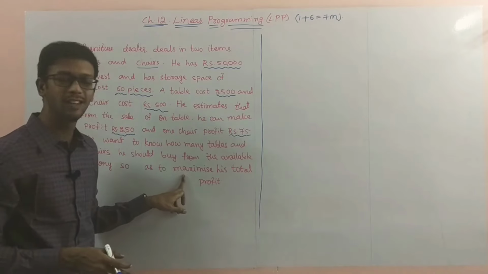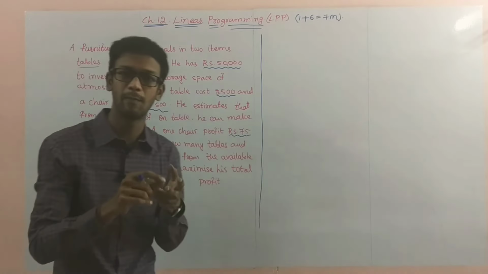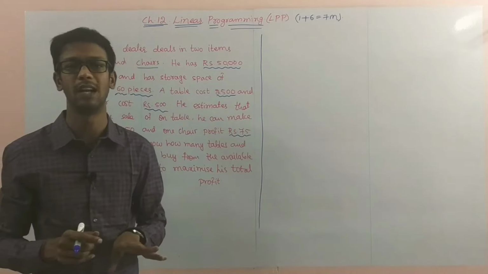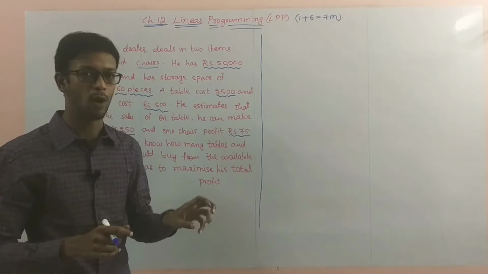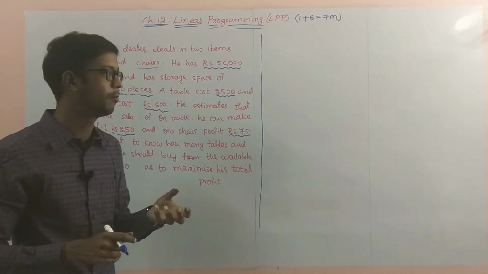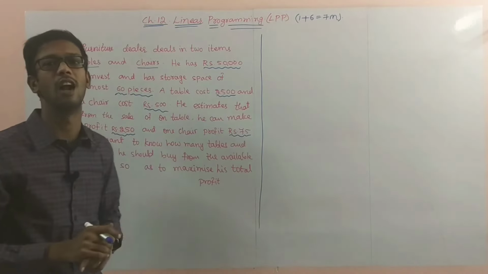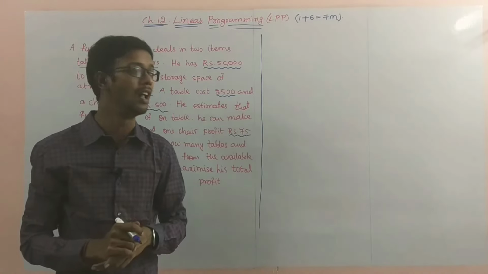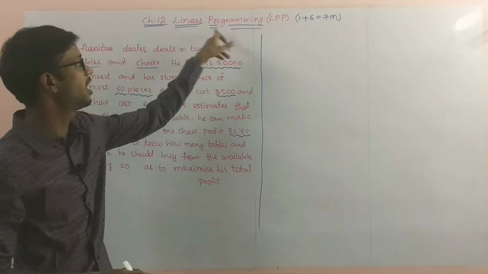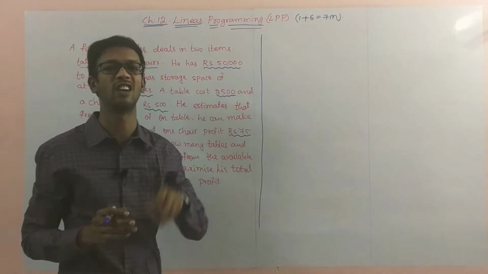So a problem which seeks to maximize or minimize is called an optimization problem. There are different types of optimization problems. In that, the linear programming problem is one special case.